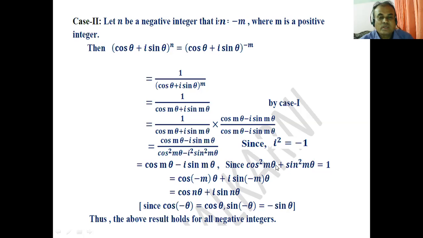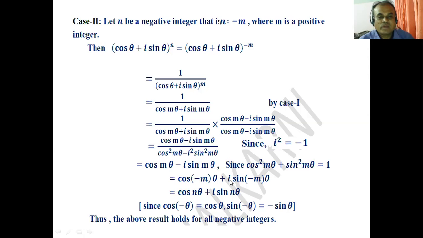So we use the trigonometric formula, put the value here, and we get the result cos m theta minus i sin m theta. Now again we use the trigonometric formula: cos of minus theta is equal to cos theta. So cos m theta is equal to cos of minus m theta, and minus sin m theta is equal to sin of minus m theta.